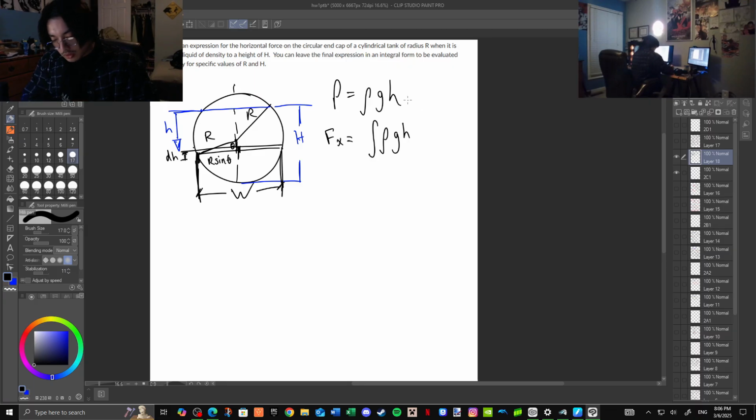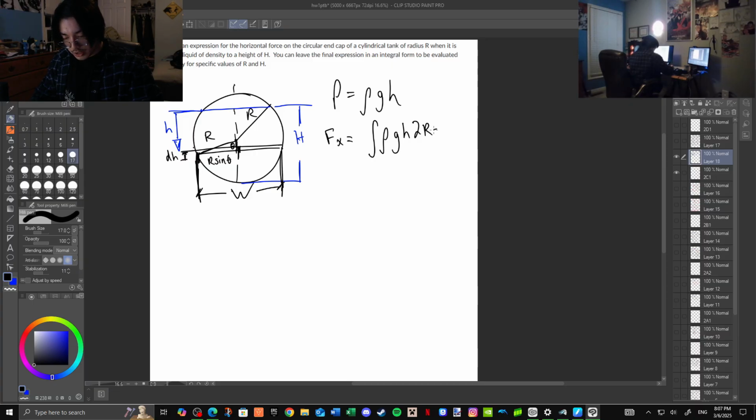And so we can incorporate the area that is changing at different levels of h. Wait, no, W is r sine theta, and we multiply that by 2.